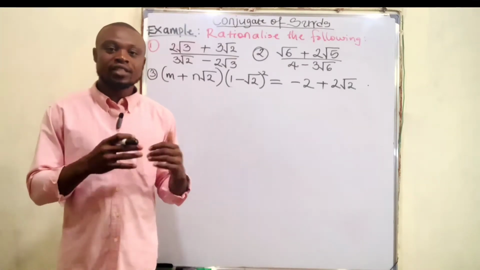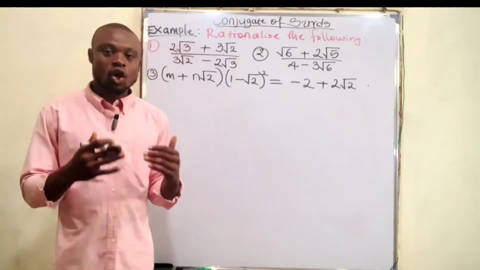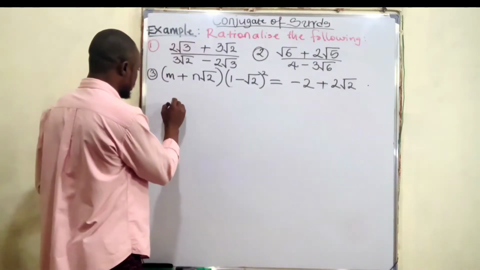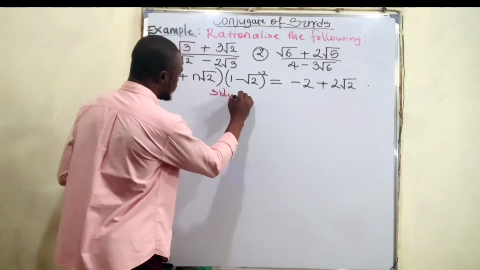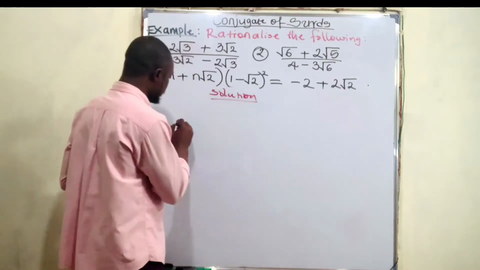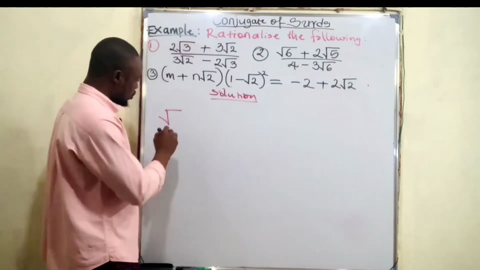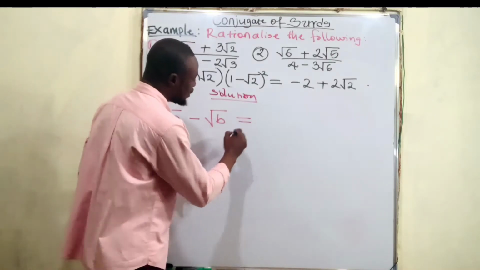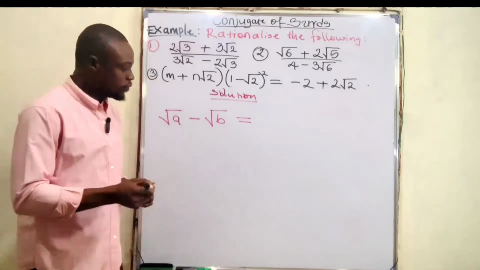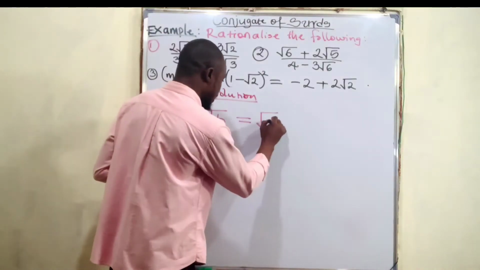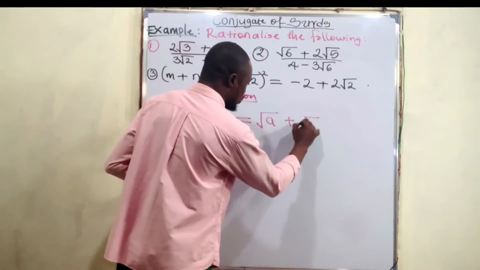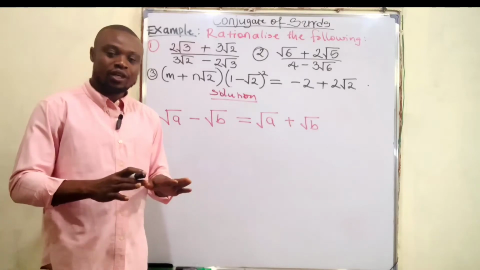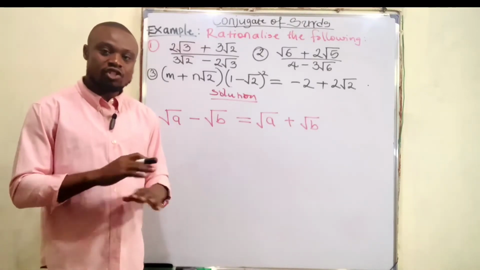Okay, so let's start with conjugate. What is the conjugate of a surd? Now, let's say you're given the root of A minus the root of B. Now, the conjugate is equal to the root of A plus the root of B. So basically, the conjugate of a surd has to do with the sign changing.